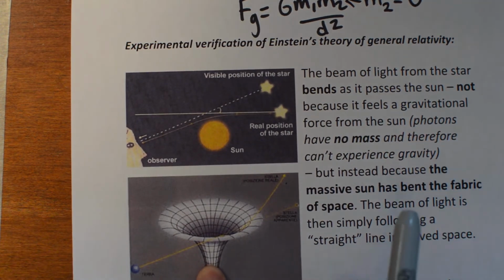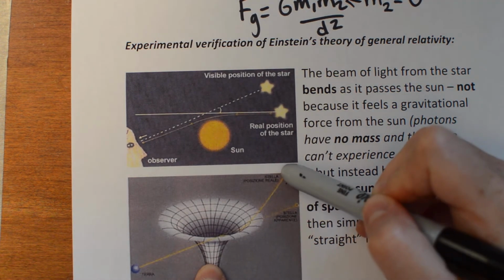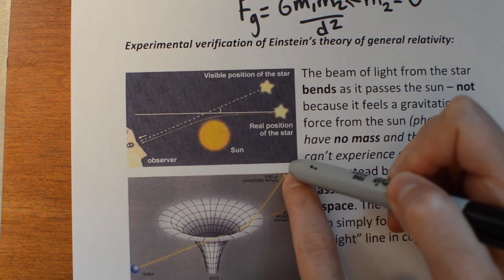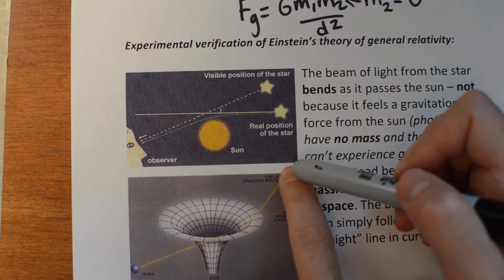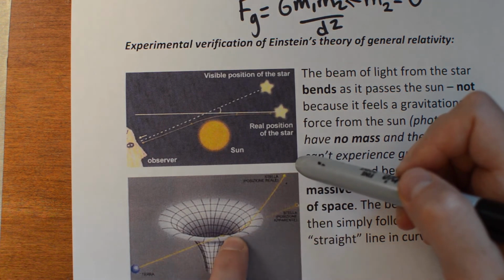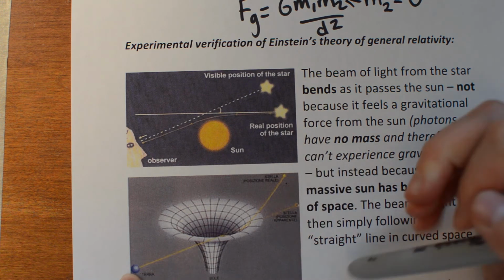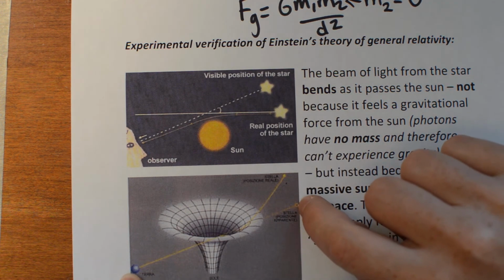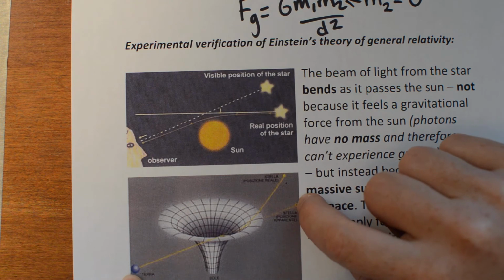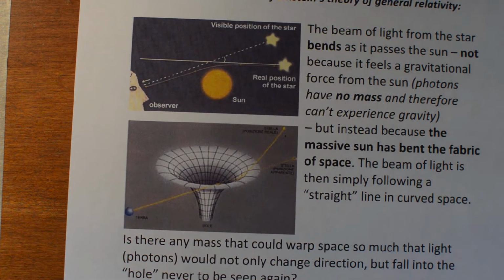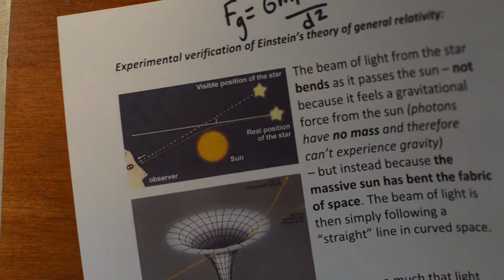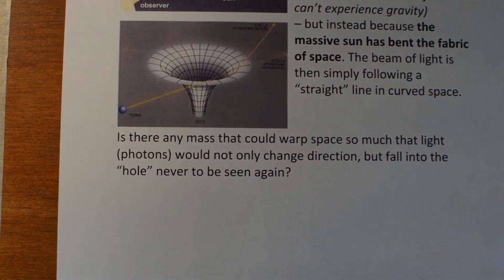So if this was the sun here, and this is the star, which is directly behind the sun, that light shouldn't reach us at all because there's the sun in the way, but instead it curves around the sun and reaches our eyes, and we think we see the star over here. It sort of appears to move over here in space. Pretty crazy, but that's a natural experimental verification of Einstein's theory of general relativity.